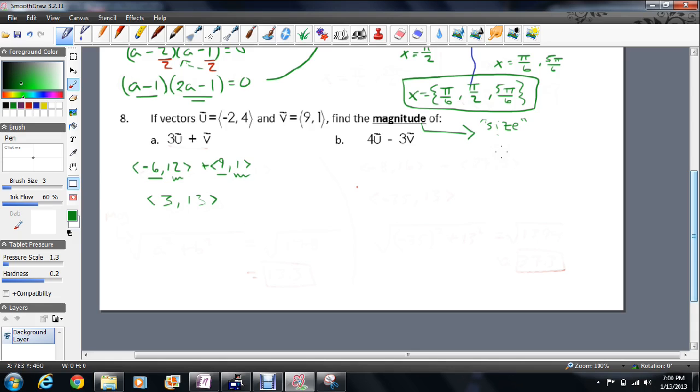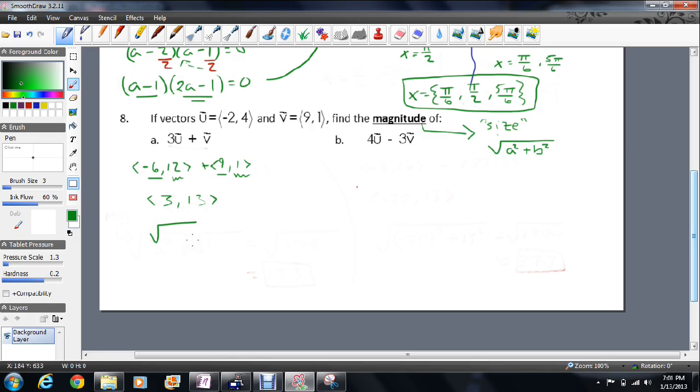Magnitude is simply just taking basically a form of the Pythagorean theorem. Square root of a squared plus b squared. So I'm going to take my a and my b value and substitute it into this formula right here.